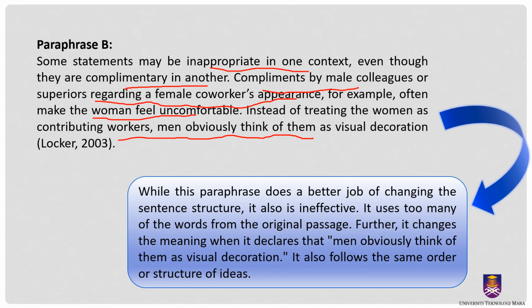While this paraphrase does a better job of changing the sentence structure, it also is ineffective. The reasons are, it uses too many of the words from the original passage. Further, it changes the meaning when it declares that men obviously think of them as visual decoration. It also follows the same order or structure of ideas.